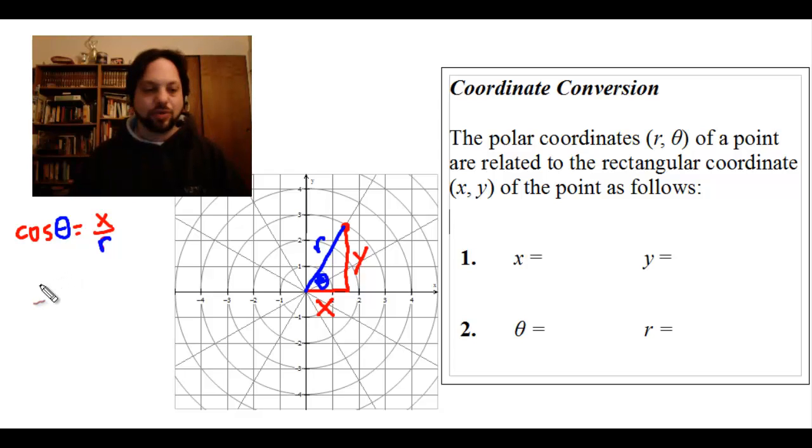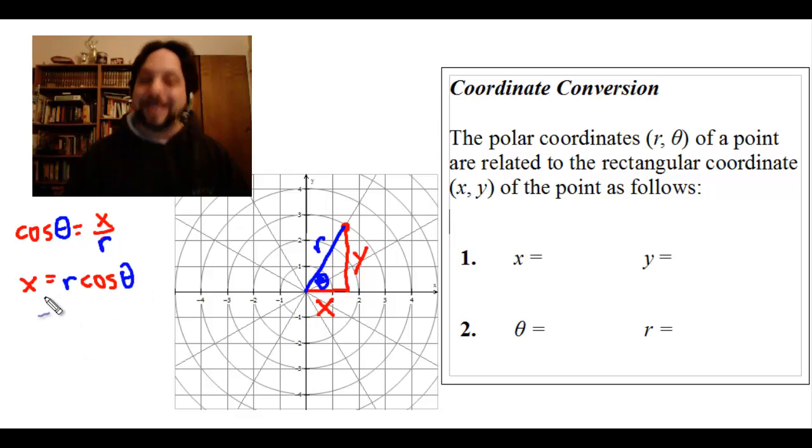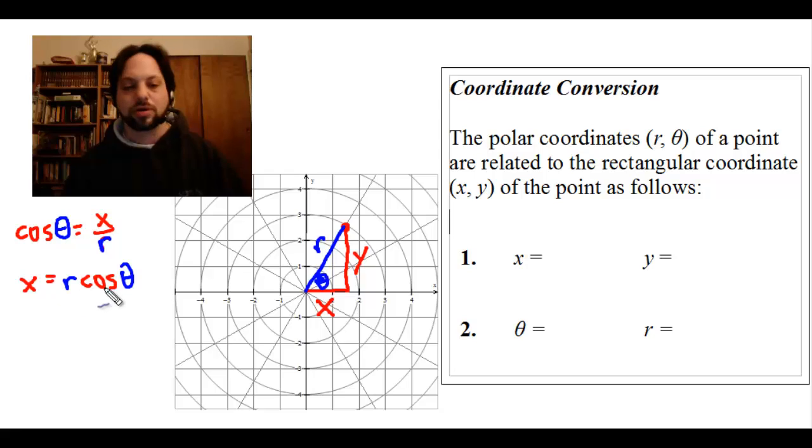How can I get this equation to say x equals? Clearly all you need to do here is multiply by r on both sides, and we'll have r cosine of theta. And that is how we express x if we're given a polar point. So let me go ahead and write that over here. x is simply equal to r cosine theta.